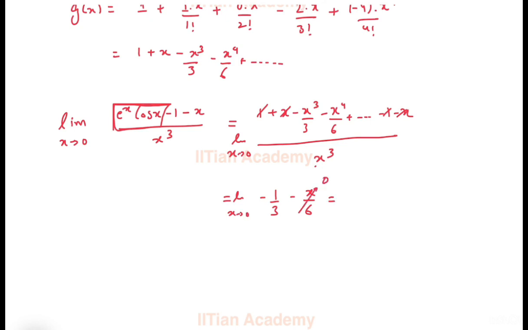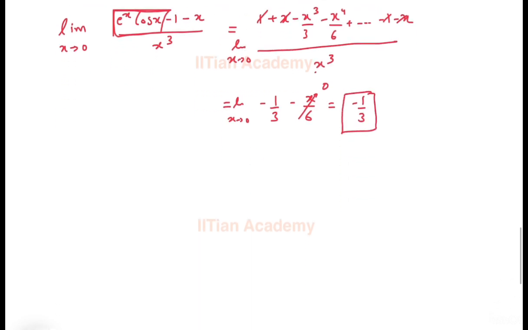Otherwise also we can identify the limit by using L'Hopital rule, since if we put x equals 0, this term will tend to 1 minus 1, so this is forming a 0 by 0 form. So this limit is the same as the limit of the function when we differentiate the numerator and denominator.